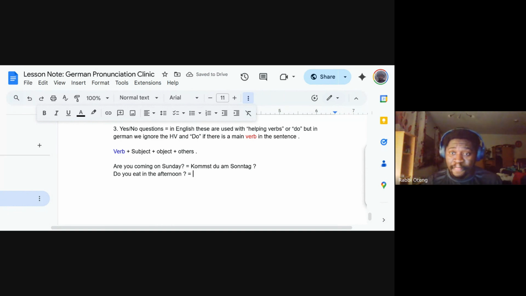Here our rule says that in German we don't use do, is or are. We always go straight to the main verb of the sentence. So, do you eat in the afternoon? But what is the main verb here?